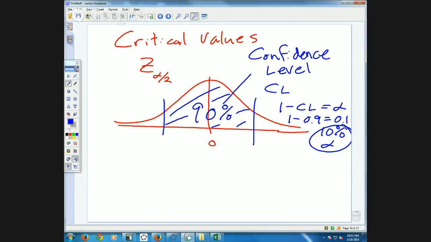Each tail gets to split alpha, because I'm trying to center my confidence interval on the mean, or my proportion in this case, p hat. So I'm going to take my 10% and divide it by 2. That gives me 5% in each tail. And again, this area is what we call alpha over 2, which in this case is 5%.